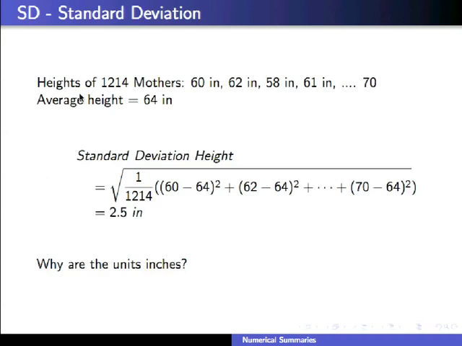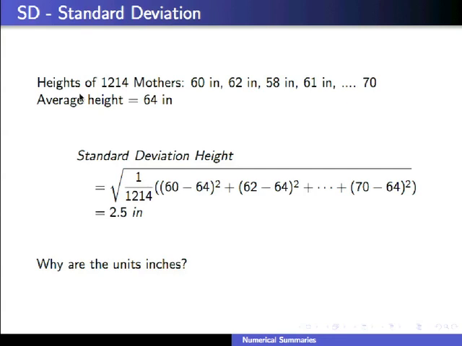Standard deviation is a way of measuring roughly the typical or average distance that you might find the values from the mean. So standard deviation goes hand in hand with the mean. Again, if we have our same 1,214 mothers and their heights, now we know their average is 64. We take each height, like 60 inches, subtract the mean, that's the deviation, and square it.